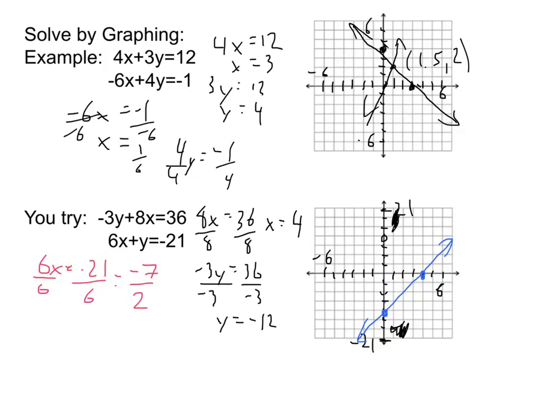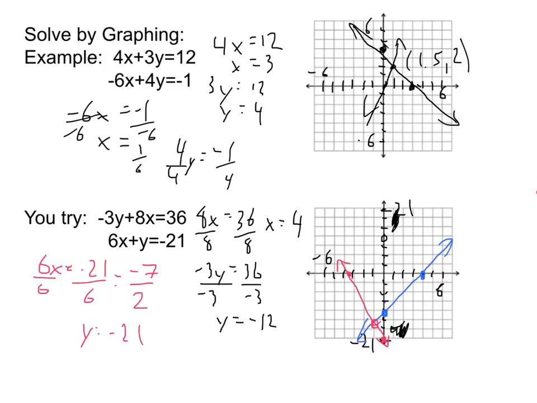So that would be negative 7 over 2, which is negative 3.5. So that's right there. My y-intercept, if I plug in a 0 for x, I just get y equals negative 21. So that's down there. I connect those two dots. Okay. It looks like they cross right there.